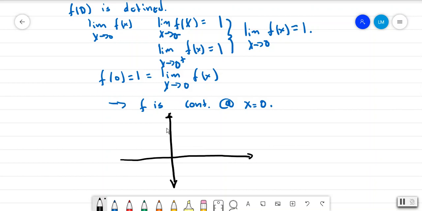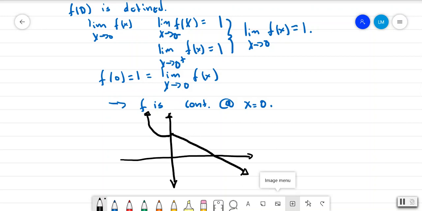So if you do go ahead and graph it, you'll get that the graph looks, and this is just a sketch, like this from the left, and then it'll look something like this for the right side.